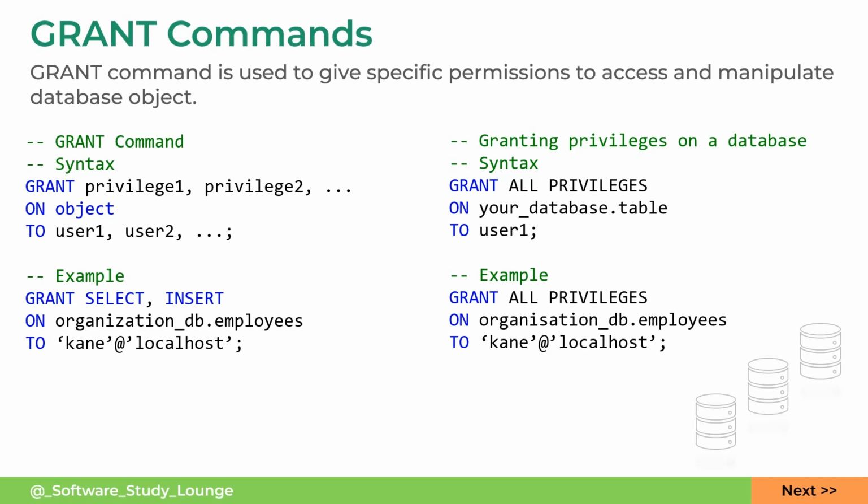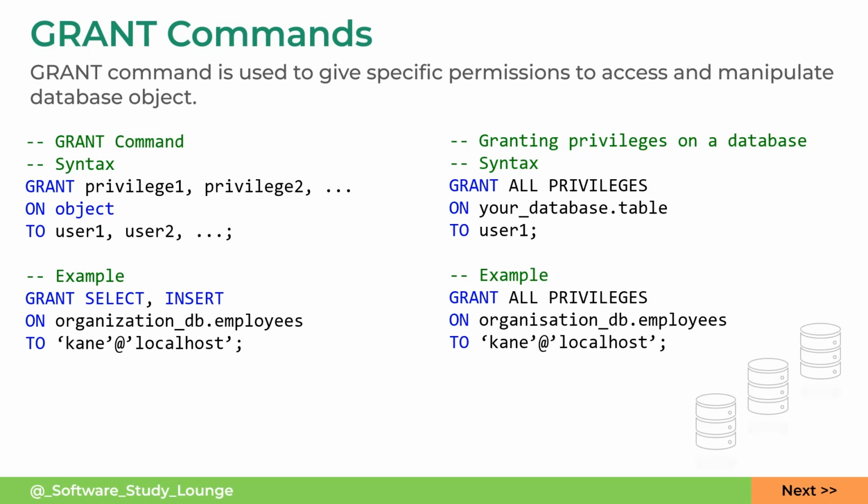So the syntax of the GRANT command is GRANT privilege 1, privilege 2, like SELECT, INSERT, UPDATE, DELETE, etc., ON the object TO user 1, user 2. Take an example: GRANT SELECT, INSERT ON organization_db.employees TO the Kane user.